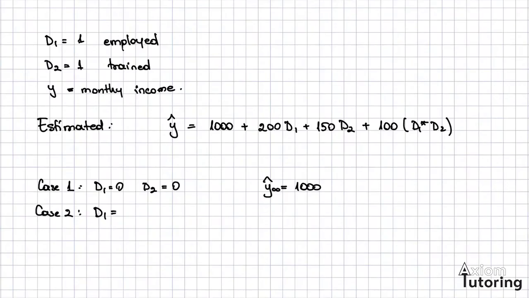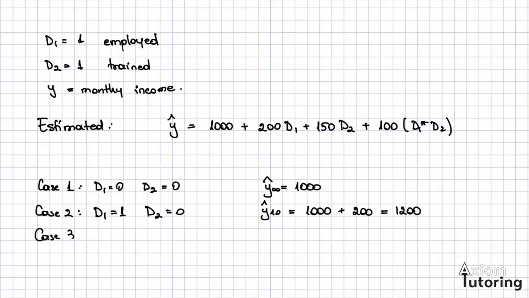Now, case 2. Let's assume D1 is equal to 1 while D2 is equal to 0. We can clearly see that your Y hat 1, 0 is going to be 1000 plus the 200, 1200. Okay? Because in here, keep in mind, if D2 is equal to 0, it means this is 0 and also this is 0.